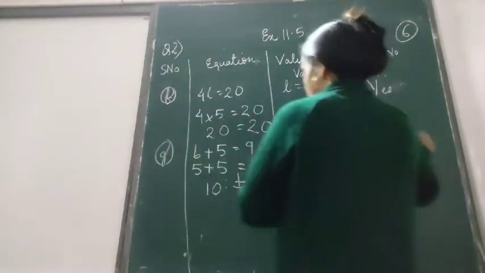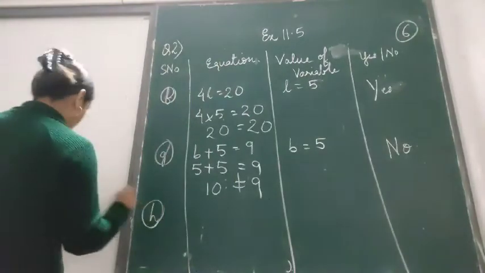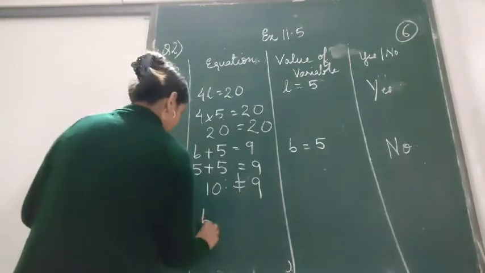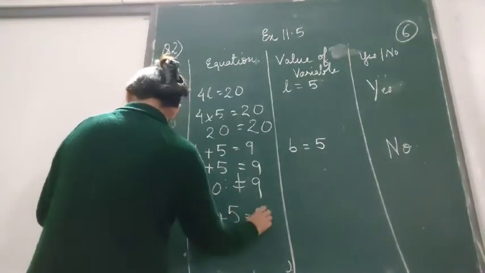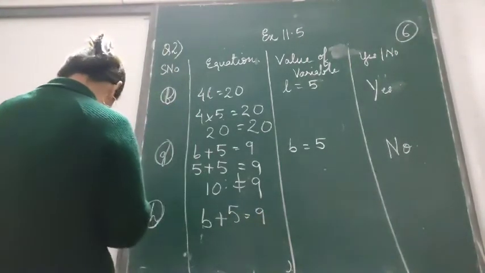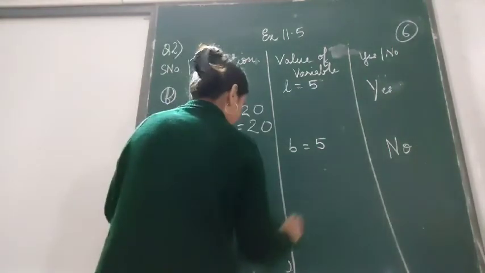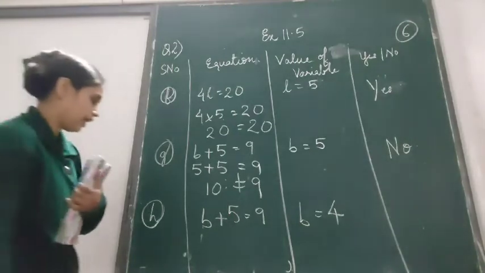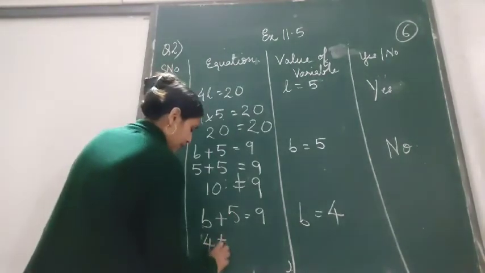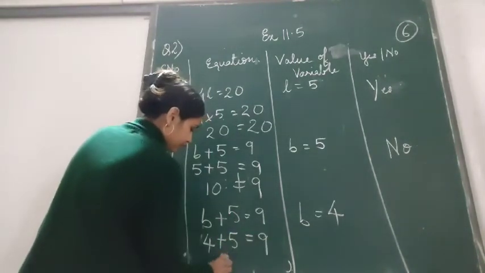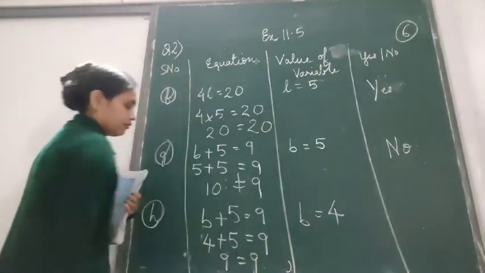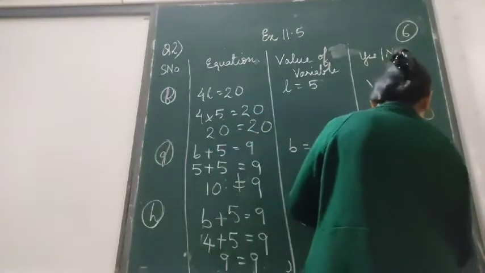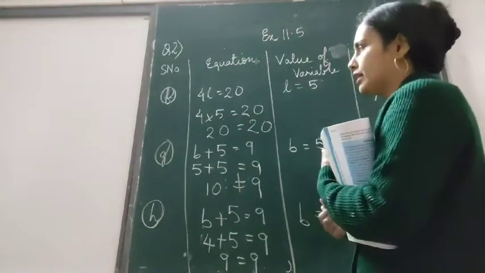So we write no. Then we go to H. B plus 5 is equal to 9 and the value of B is 4. So let's put the value of B as 4 here. Answers are matching. So we'll write yes. So this completes H.